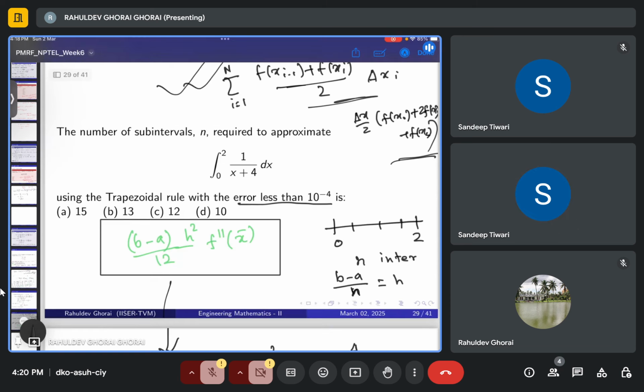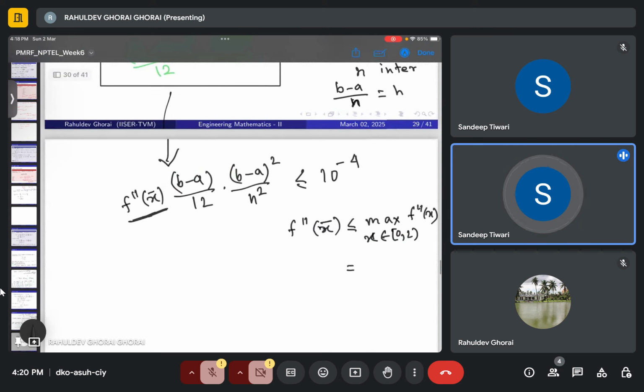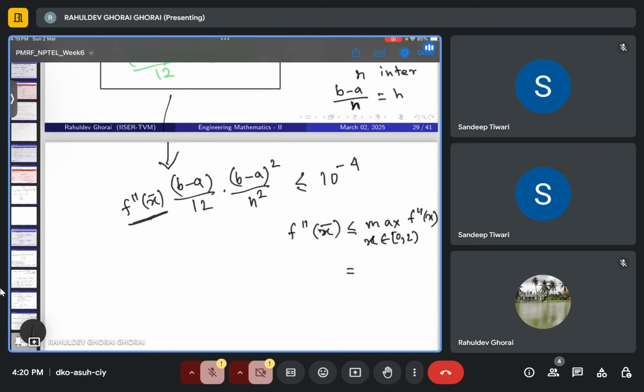What is f double prime x here? 1 by f x is x plus 4 to the power 2, so 2 over x plus 4 whole cube, max for x belongs to 0 to 2.